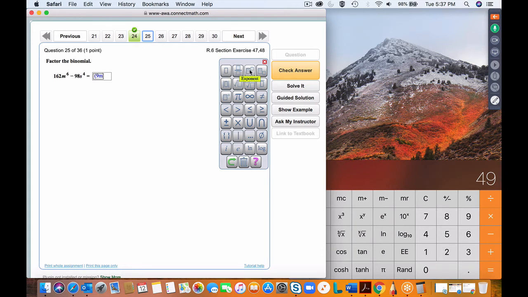So that's the exponent, the 3 halves, and then I have to click the right arrow on the computer to move down.